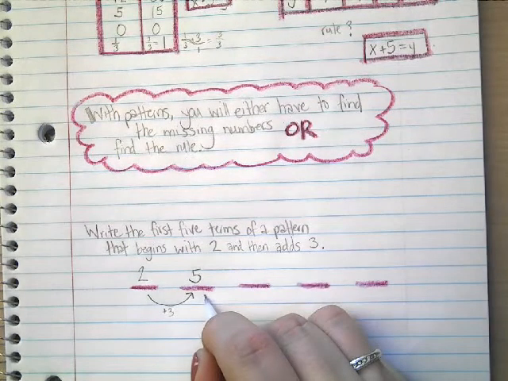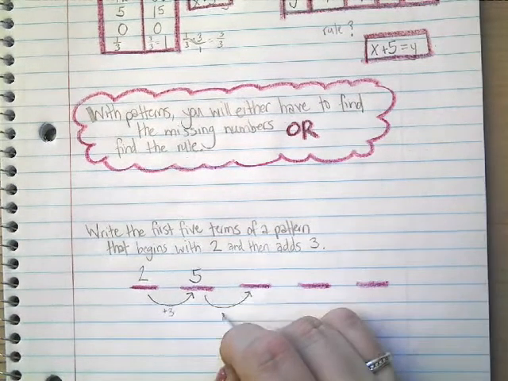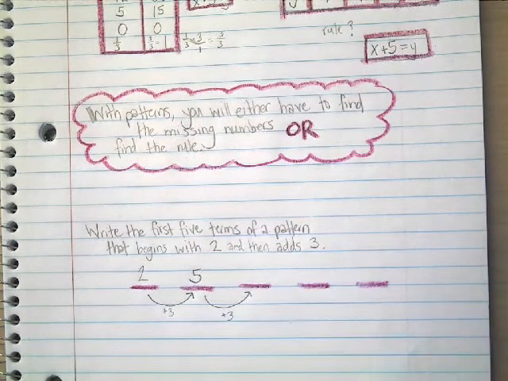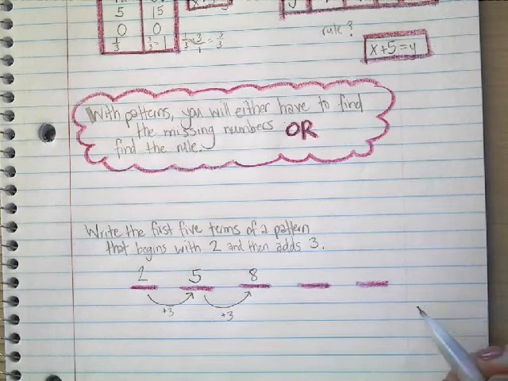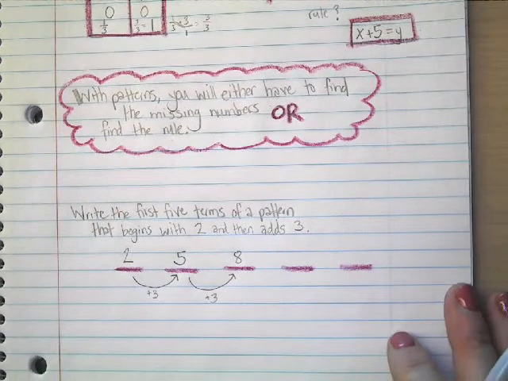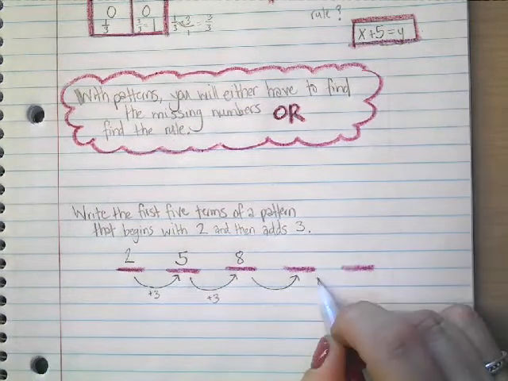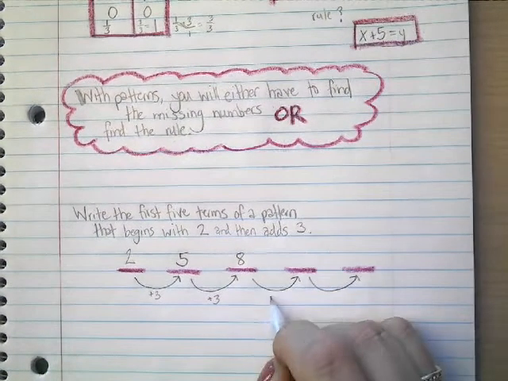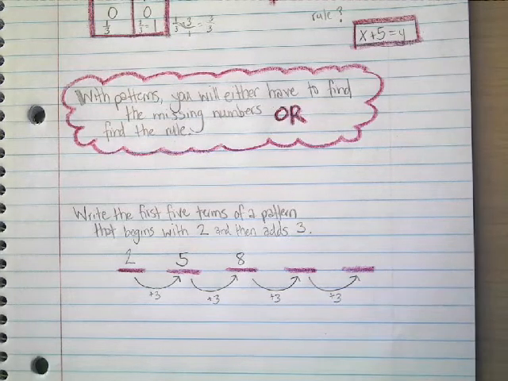I continue to follow the pattern, follow the rule. So I then take the 5, draw an arrow over to the next line, and I add 3 to 5. It becomes 8. And I keep going. Will you keep doing the arrows, the +3 arrows, and then finding out what the term is? Go ahead and try it.